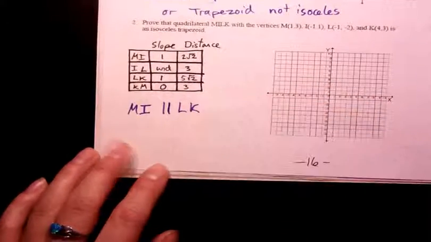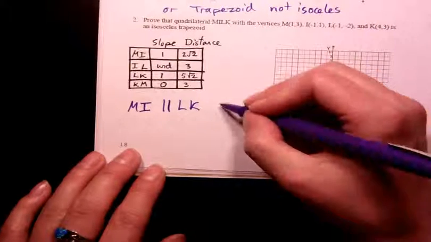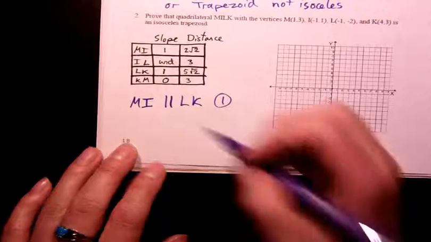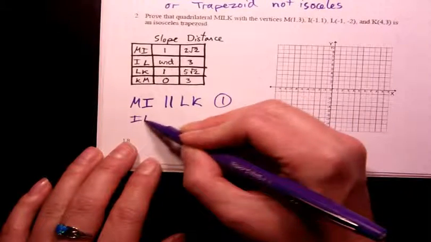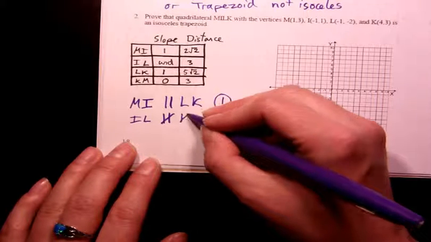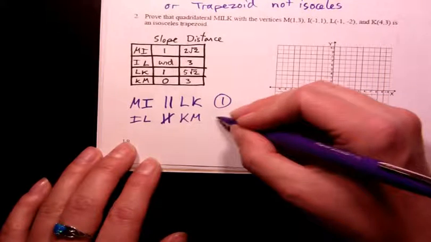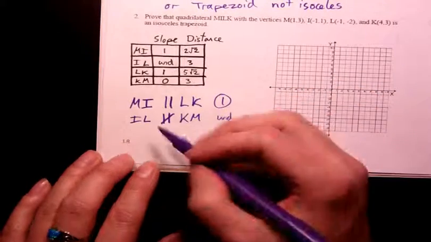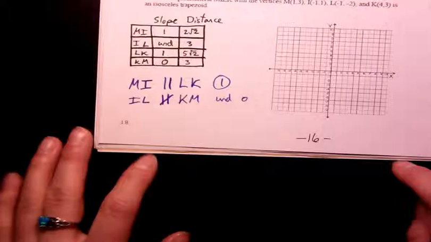What should my next statement be? IL and KM don't equal each other, or are not parallel? Yeah, so IL is not parallel to KM because they're undefined and 0.